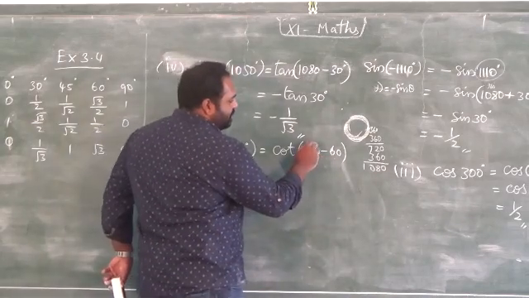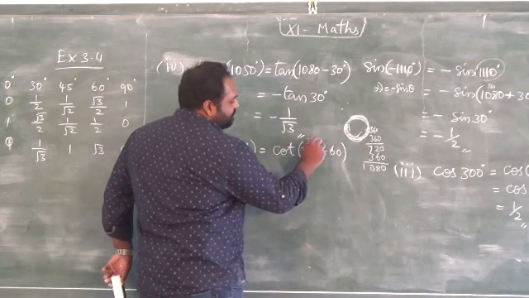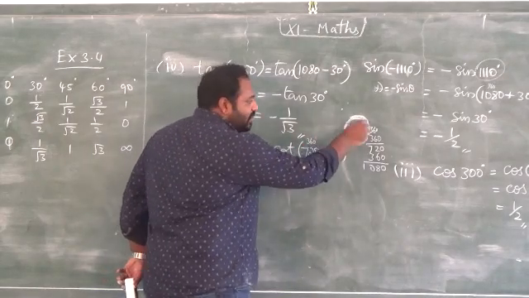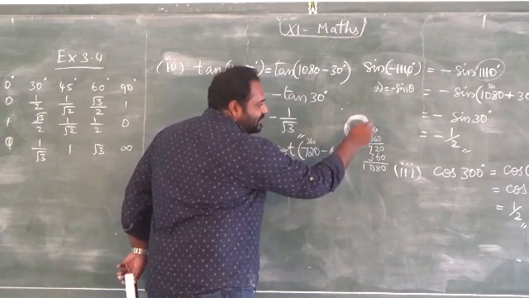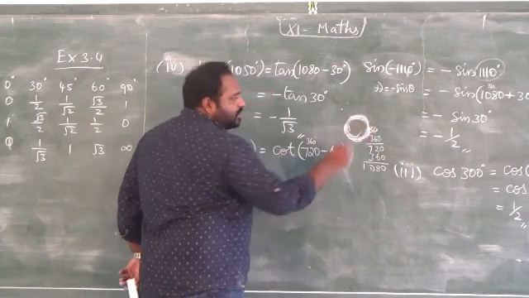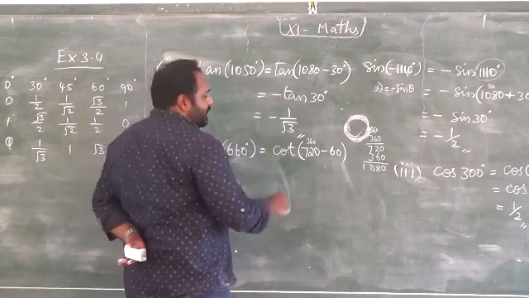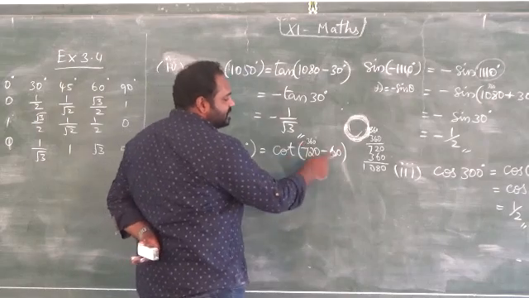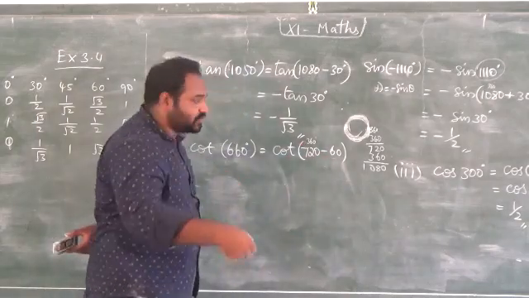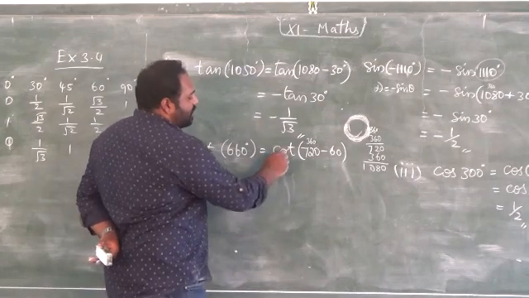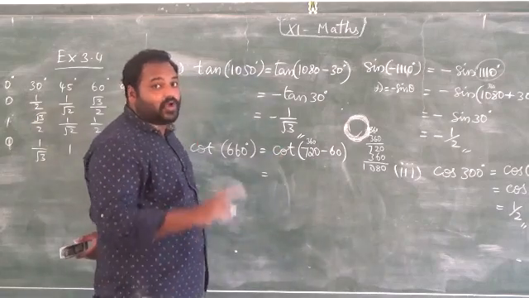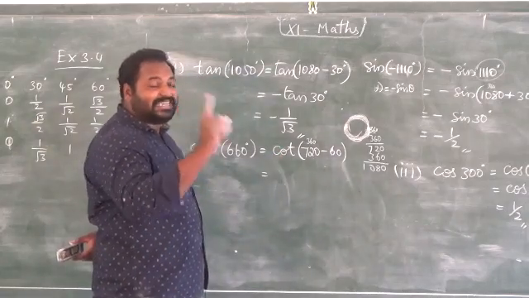720 will be like 360, because it is 2 times complete rotation. 720 is also like the 360 degree angle. Now, 360 minus is in the fourth quadrant. In the fourth quadrant, cot is negative; only cos and secant are positive.